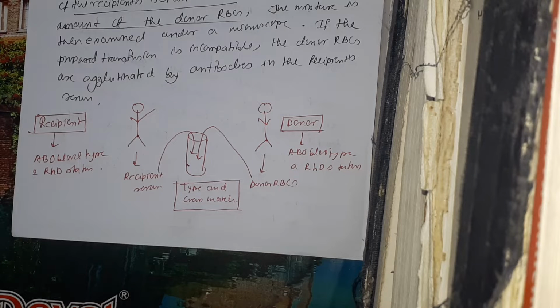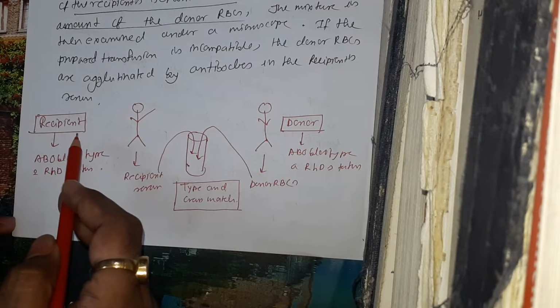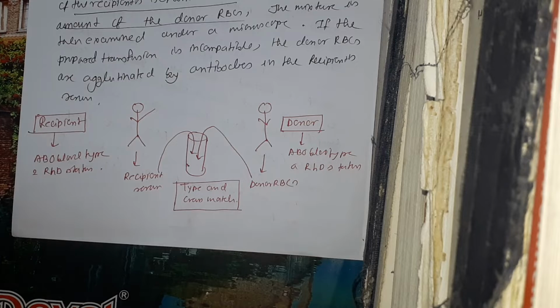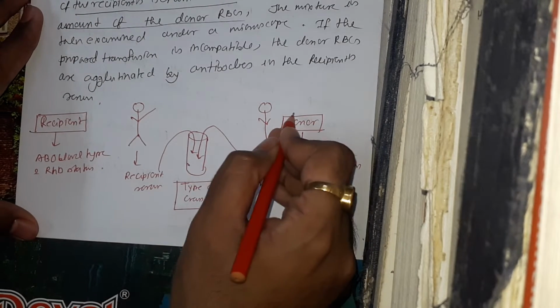Today I am going to talk about this very briefly. Here two individuals will be in the picture. One is the donor who wants to donate, and the other is the recipient who receives the donor's blood. Here we need to be bothered about the donor's RBC.